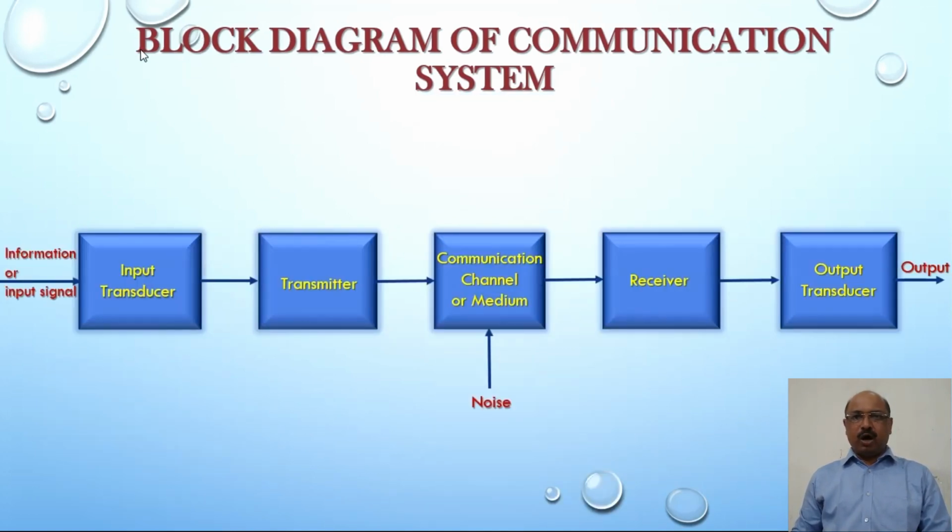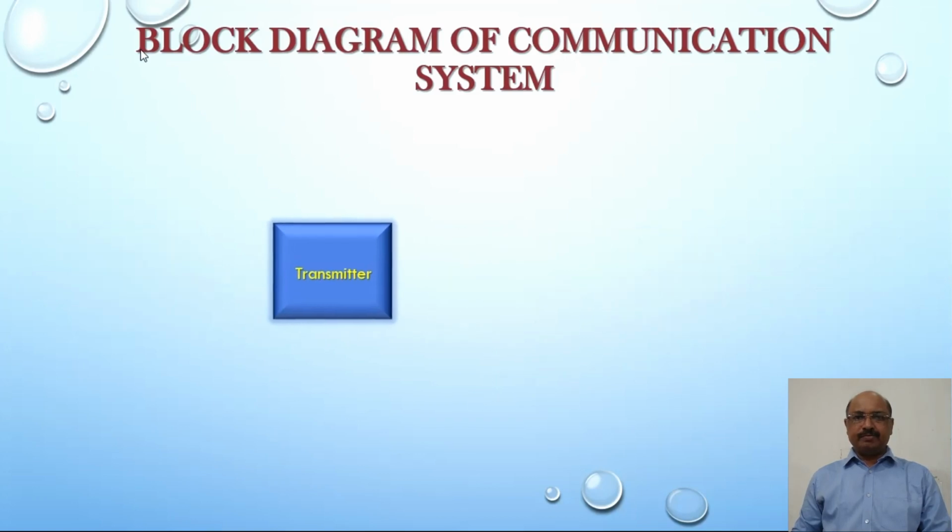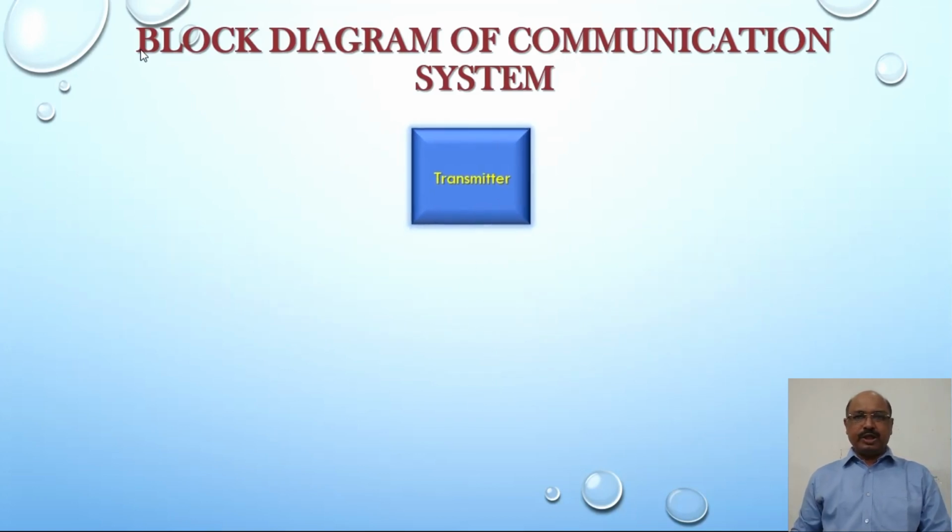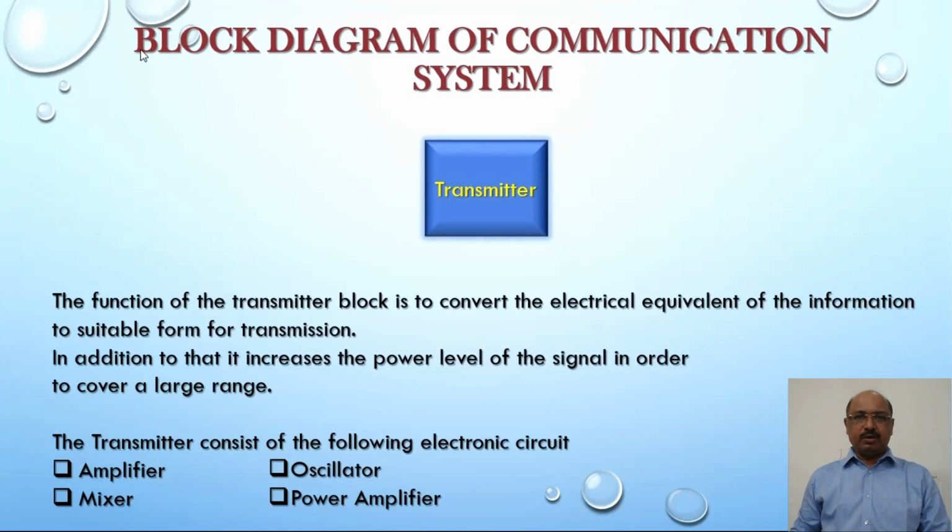Now, the third block is the transmitter. The function of the transmitter block is to convert the electrical equivalent of the information to a suitable form for transmission.